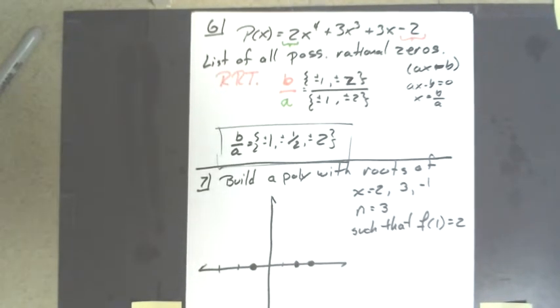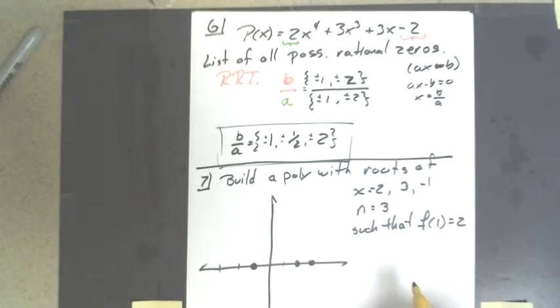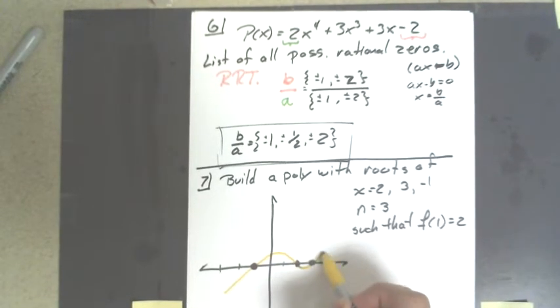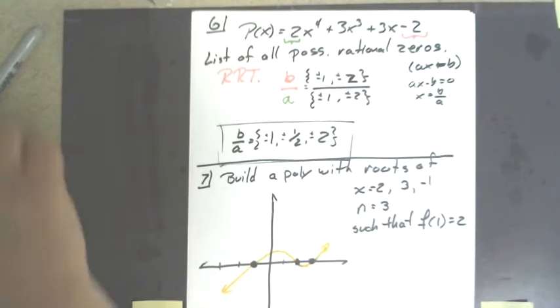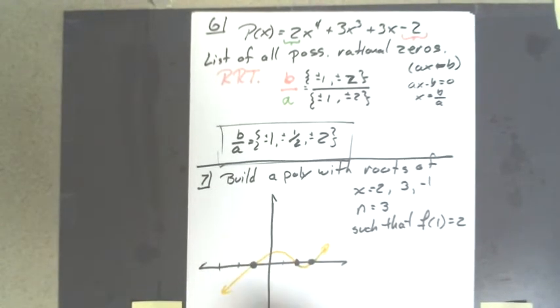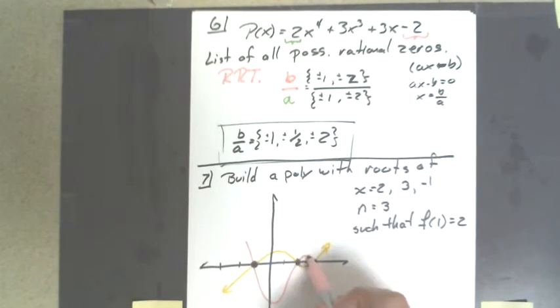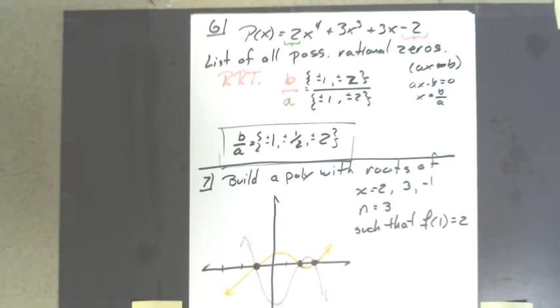Now, how many different third-degree polynomials could we draw that go through those 3 spots? Well, we could draw lots of them. There's a third-degree polynomial that goes through those 3 zeros. There's another one.